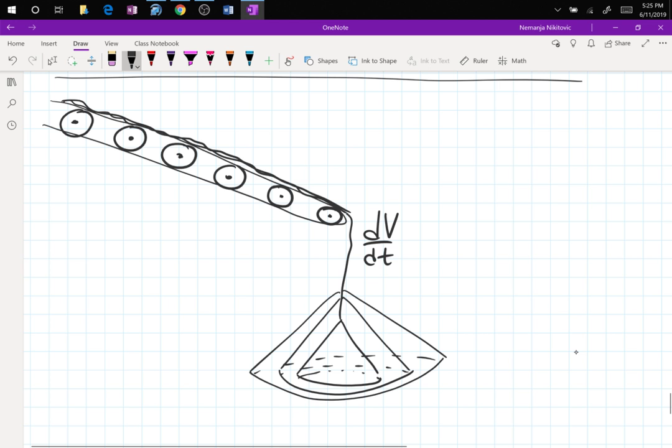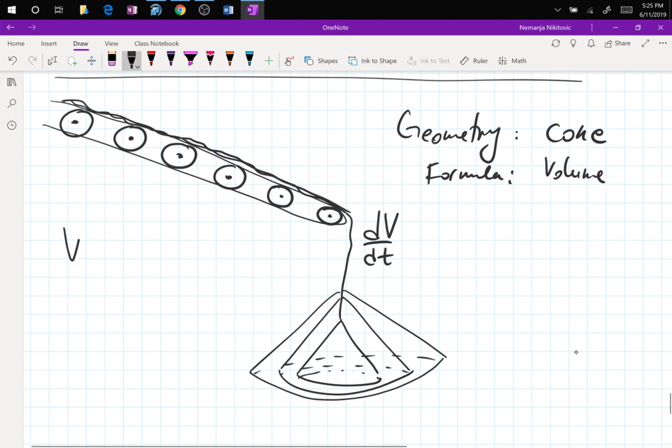Now, we have geometry is cone, and formula is the volume. Volume for the cone is 1/3 pi r squared h.